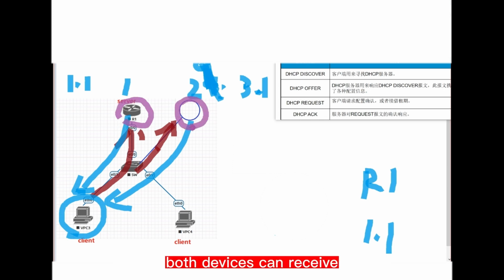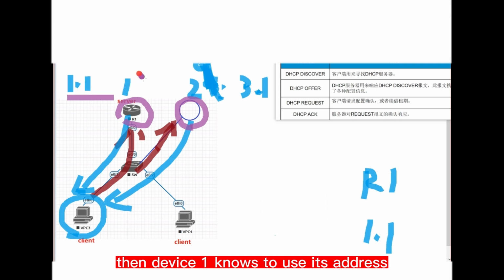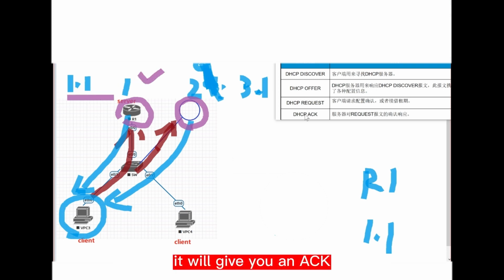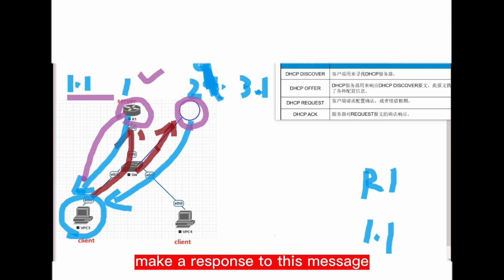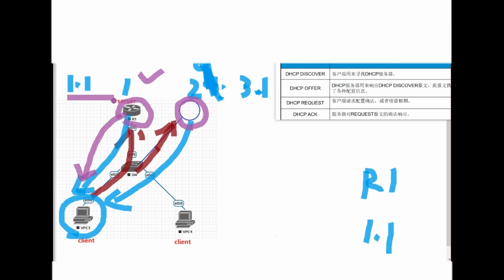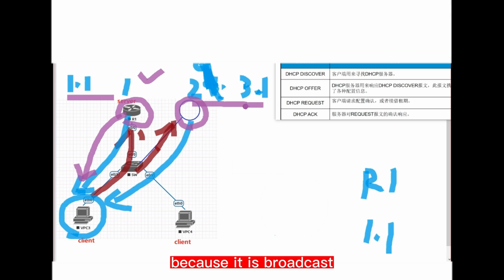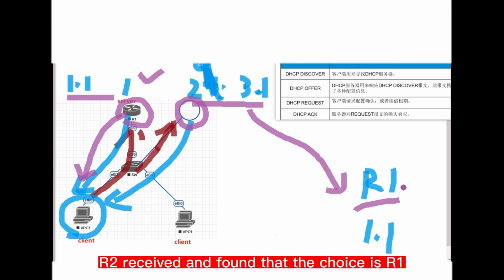Both devices can receive it. Then device 1 knows you will use its address. It will give you an ACK, a response to this message, and document it locally. Why send it to the other device as well? Because it is a broadcast, so R2 can also receive it. R2 received it and found that the choice is R1.